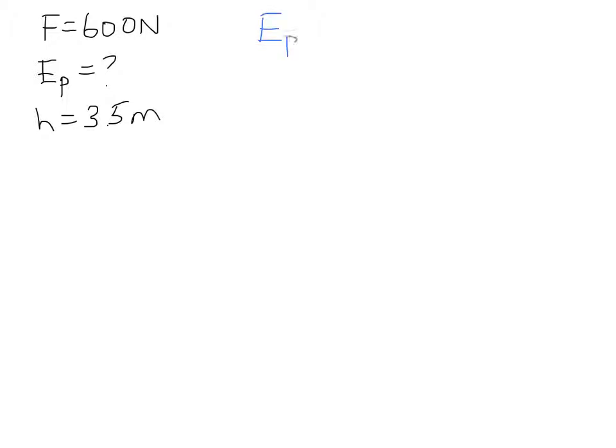For the third question, it told us our force. It says that the weight is 600 newtons, which is our force. Our question mark here is our potential energy again, and it says that our height is going to be 3.5 meters. When we look back at our formulas, again, we know that our potential energy is equal to our work.